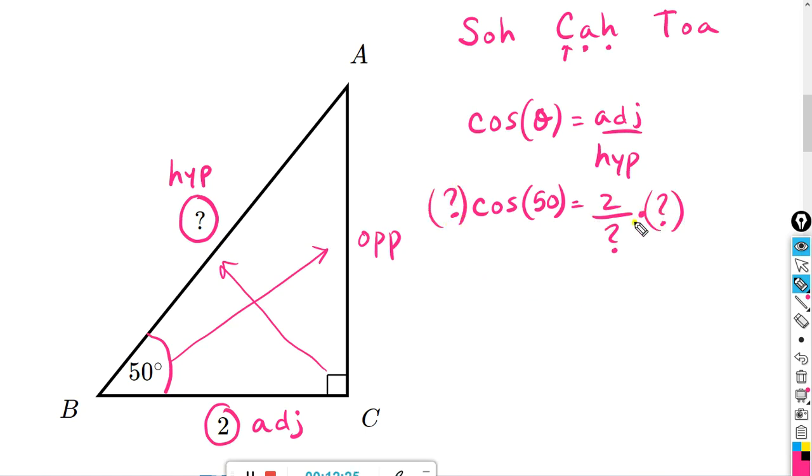And on the right-hand side, question mark divided by question mark cancels. And I have question mark times cosine of 50 equals 2. Solving for question mark, I divide both sides by cosine of 50.